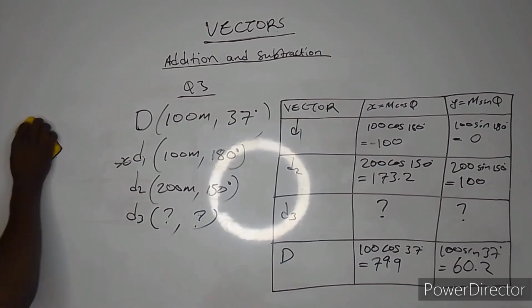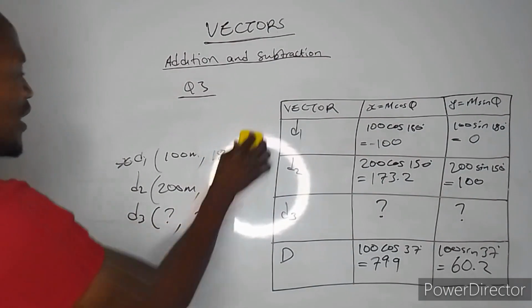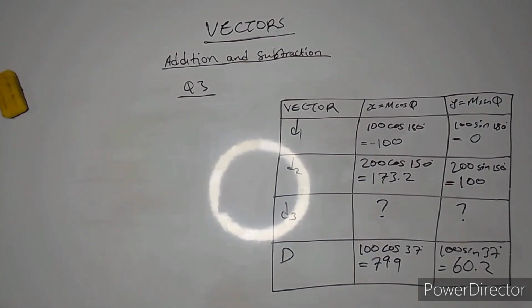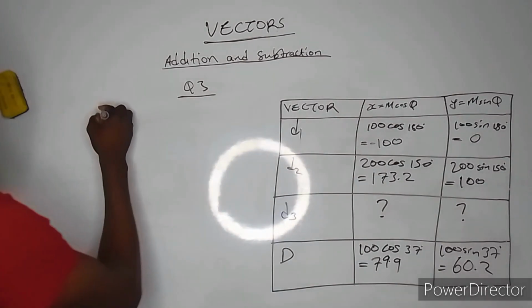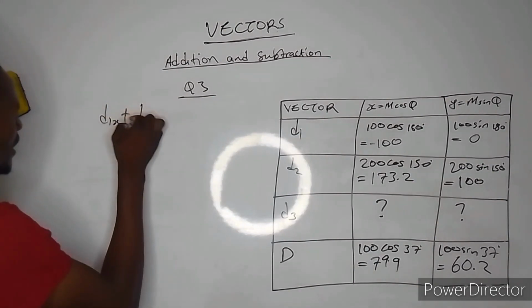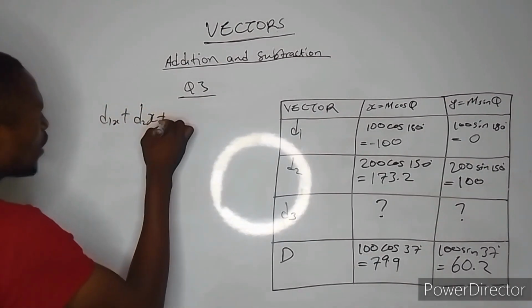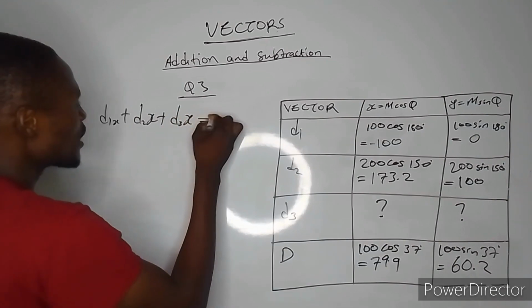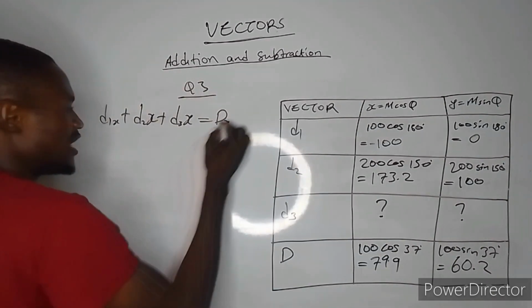Now, remember, we said when you are doing those calculations, we need to add x, y, then from there we proceed, we find the magnitude, then we find the direction. In this case, we will proceed and add. Therefore, D1x will add with D2x, which will add with D3x, which is going to give us dx in general.